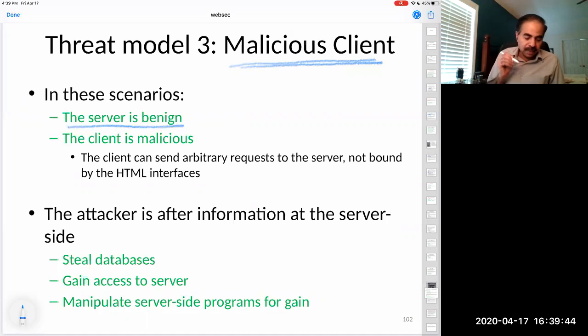So the server is benign, the client is malicious. Okay, so the network and so on are fine. There is nothing malicious in the network.